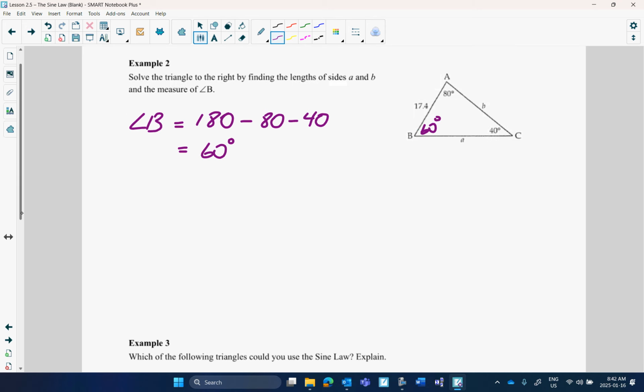So to find little a, I'm going to use the known side over the sine of its known angle, 17.4 over sine 40, is going to equal a, which I'm trying to find, over the sine of its opposite angle, which is 80 degrees.